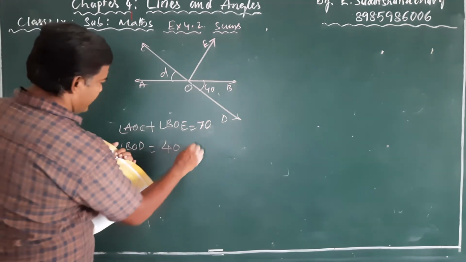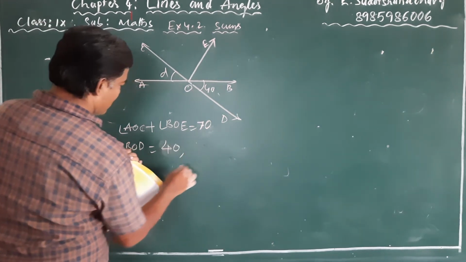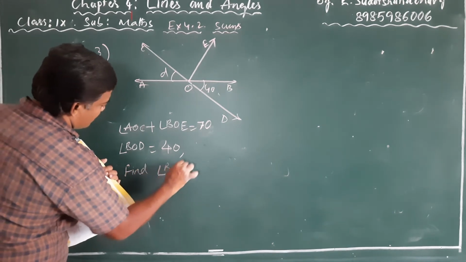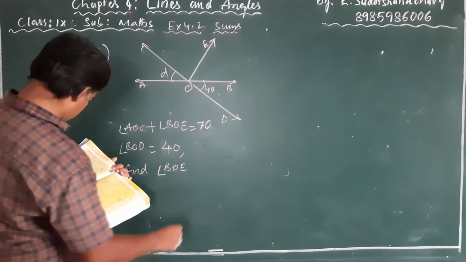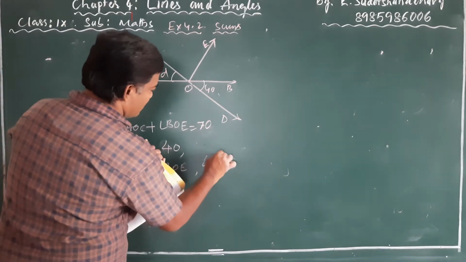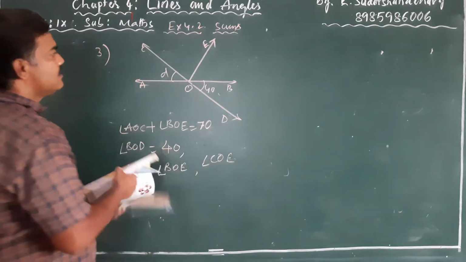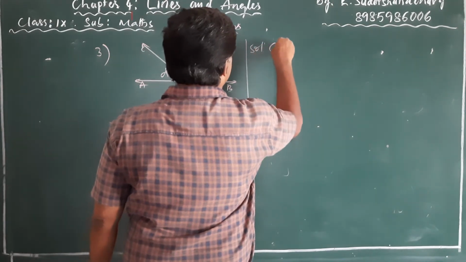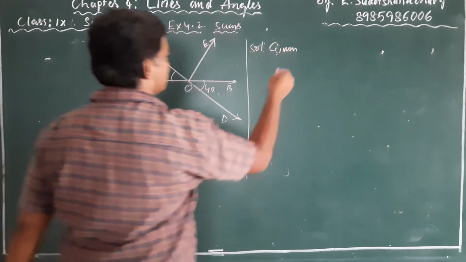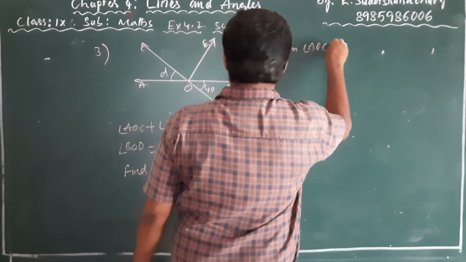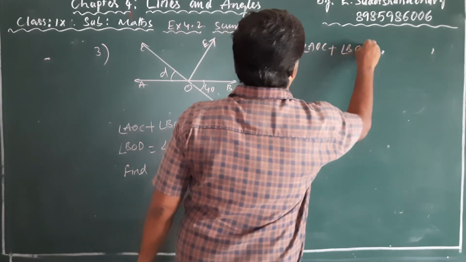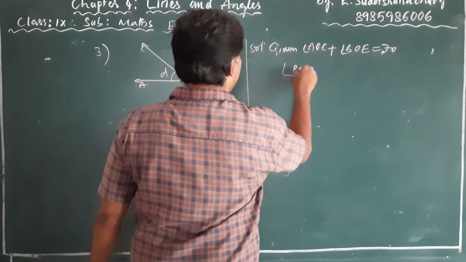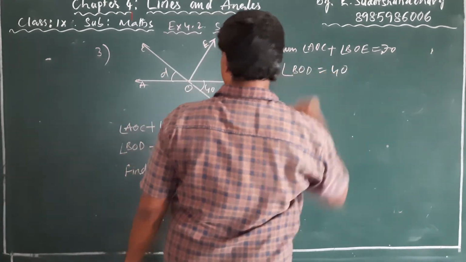Find angle BOE and COE. So let's see the solution. Given the sum of two angles AOC plus BOE is equal to 70, and also angle BOD is 40 degrees is given.